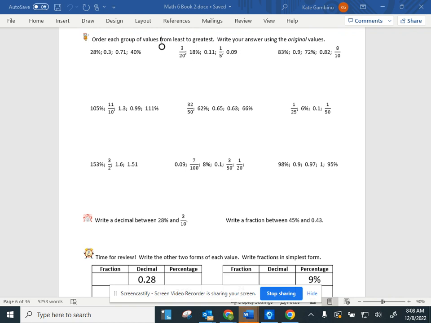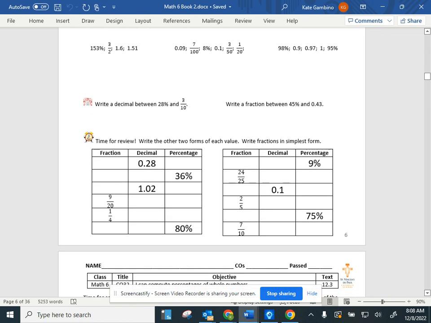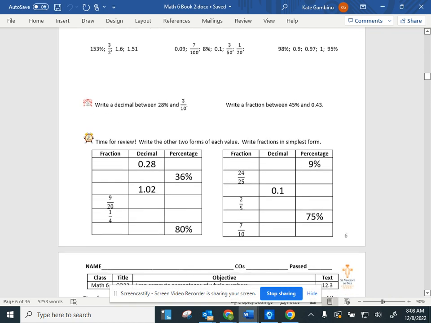Let's look at what else we have to do. Down here it says write a decimal between 28% and 3/10. What do you think we're going to need to do to the 28% and 3/10 if we need to write a decimal that goes in between them? What should we do, Jillian? Convert the 3/10 into percentage, so it's 30%.